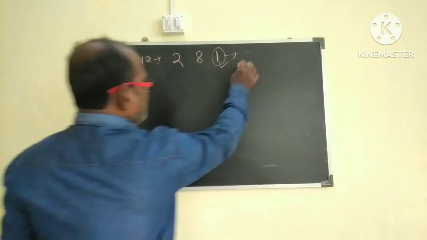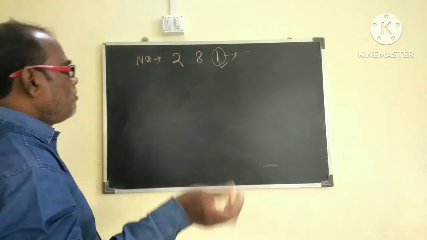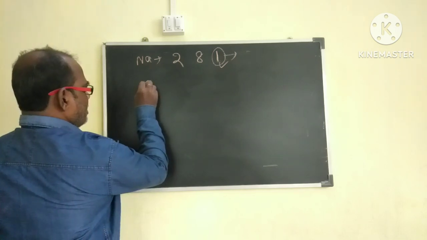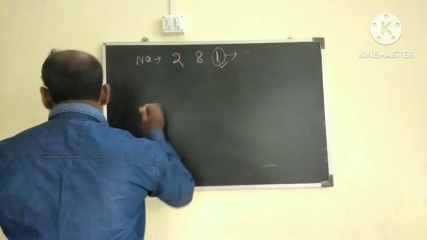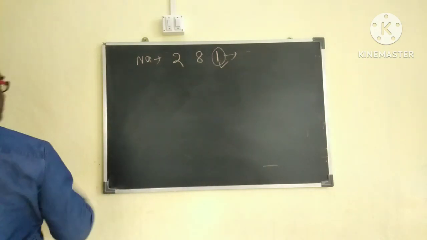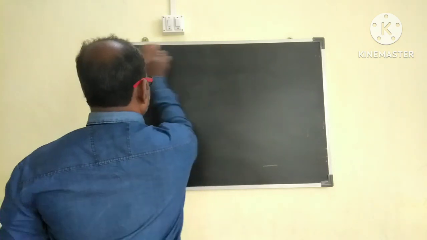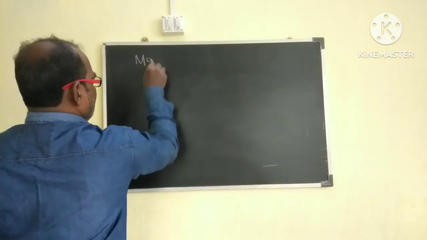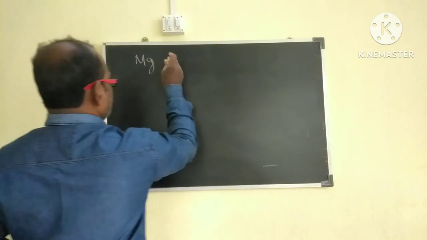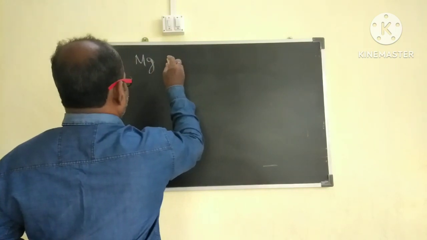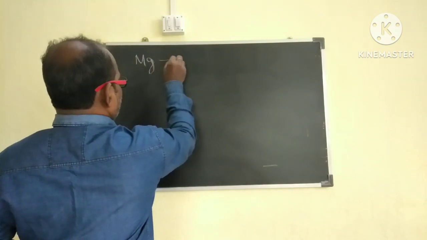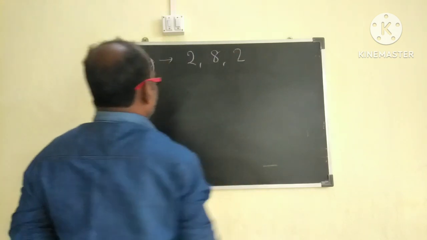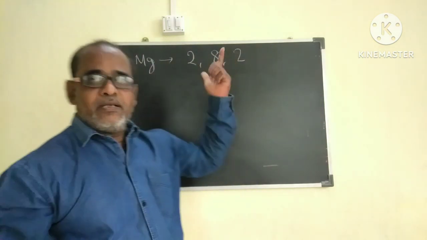So now we go with one more example. Let us take magnesium. Here also the number of shells is 3.